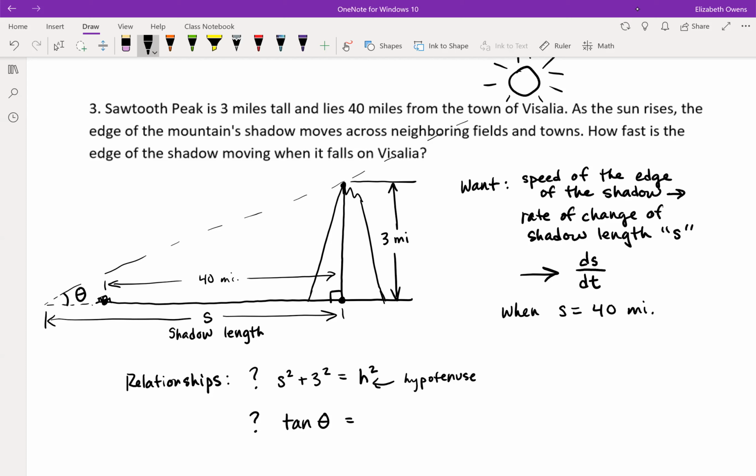Tangent of theta would equal opposite over adjacent, so that would be 3 over s. And this actually is going to turn out to be the workable relationship here.